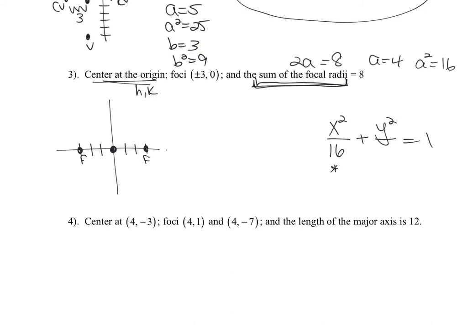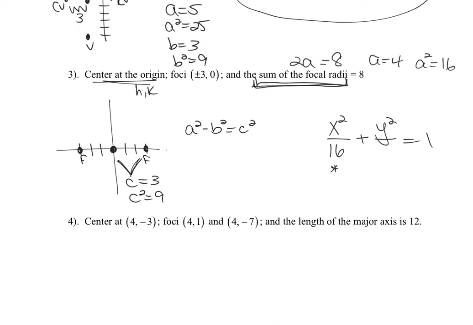What I don't have this time is what b is, because remember the foci, that distance is actually your c value. But if you know a and you know c, which is 3, or c squared, which is 9, you can use that a squared minus b squared equals c squared to solve for b, or b squared.